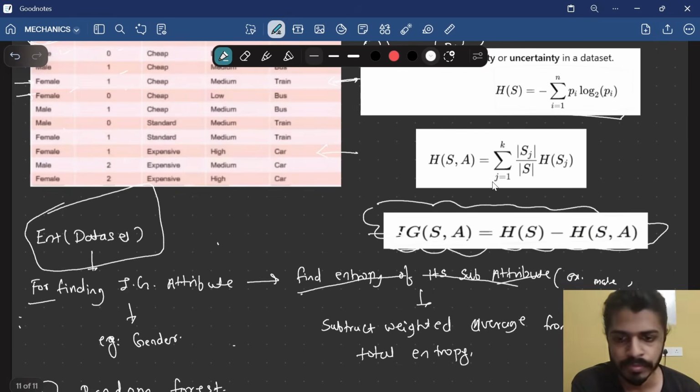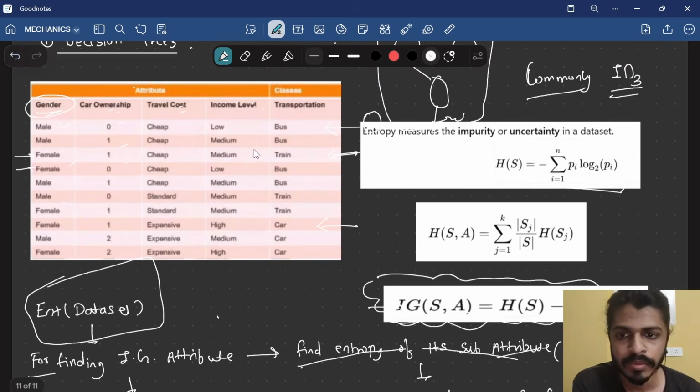How do we find the total entropy? You just see the number of rows with the transportation method bus, train, or car, and you find the probability of each subclass.